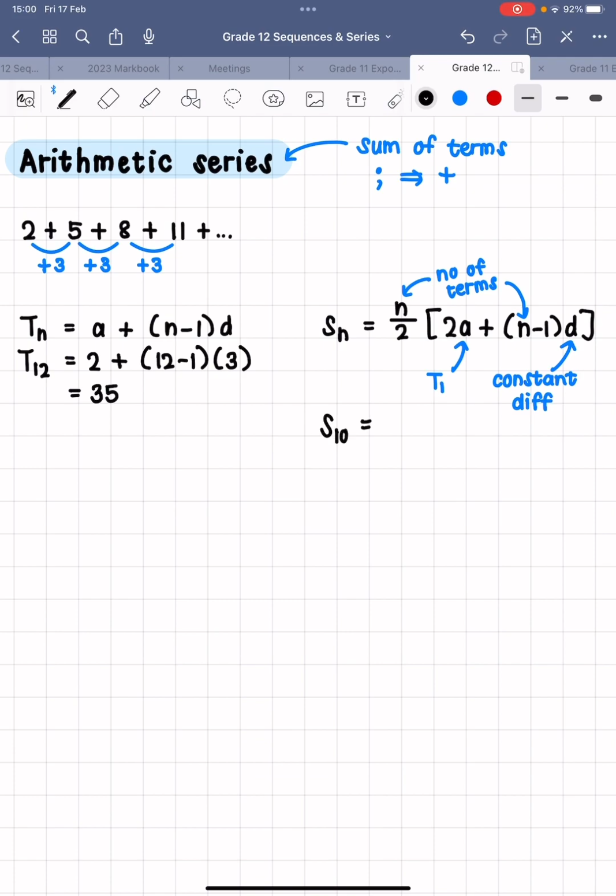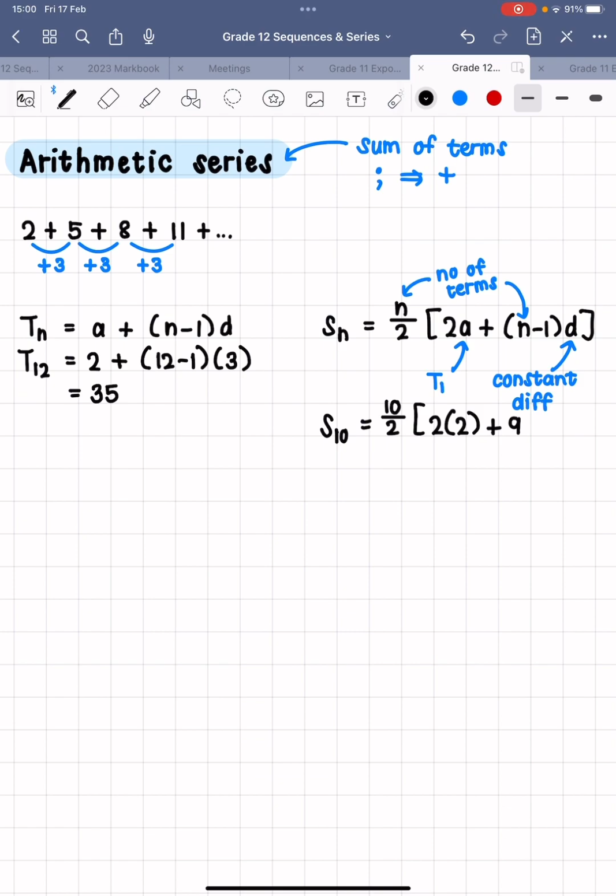Whatever your n value is goes into the formula for n. So we're summing 10 terms, apologies. So we're going to do 10 over 2. And then we're going to have our square bracket there. We're going to say 2 times a, which again is the first term, which is still 2, plus n minus 1. So 10 minus 1. You can write 9 straight away.